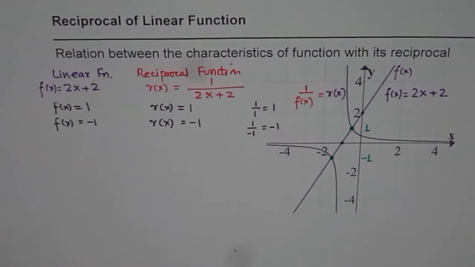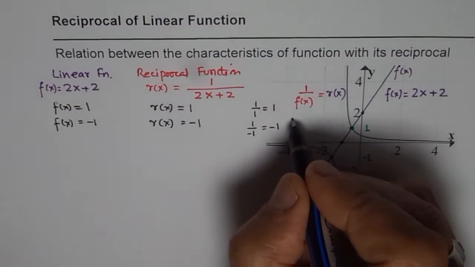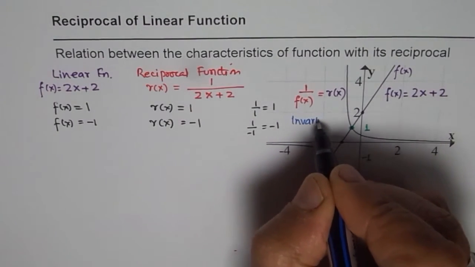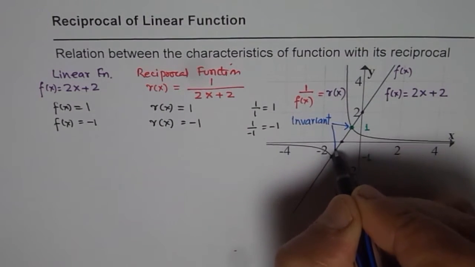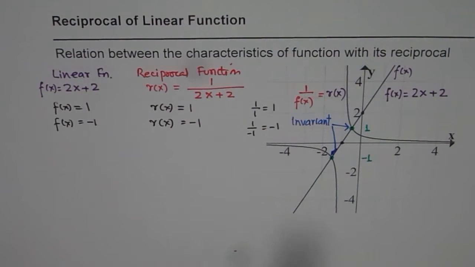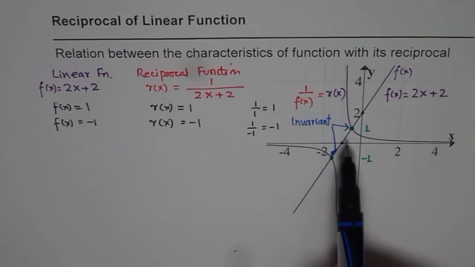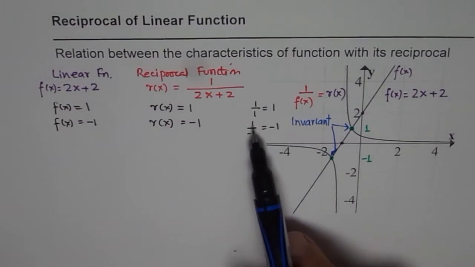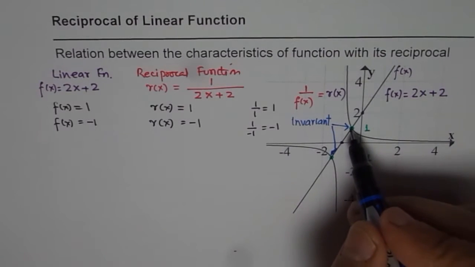So these are called invariant points. Invariant points are points which are common for both the graphs, right? They don't vary, okay? And in the reciprocal function, the y value is 1 for them. Therefore 1 over 1 or 1 over minus 1 is the same, right? Invariant points.